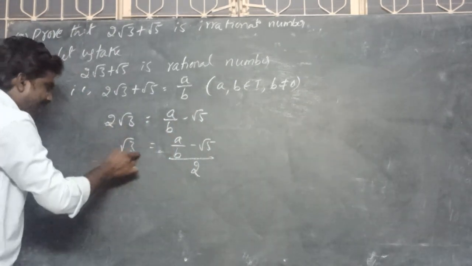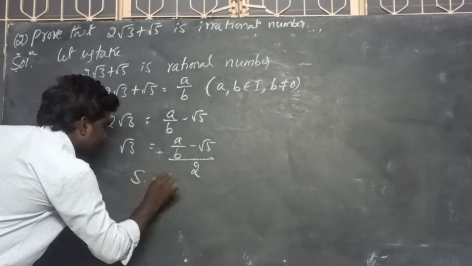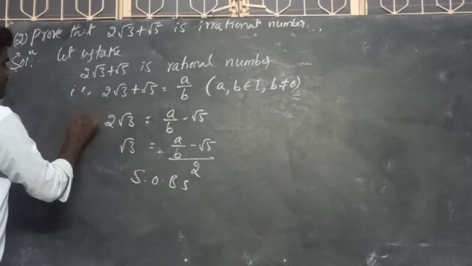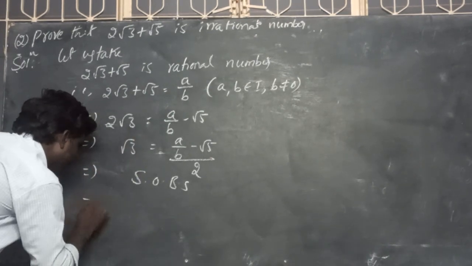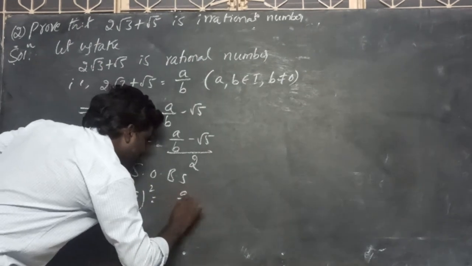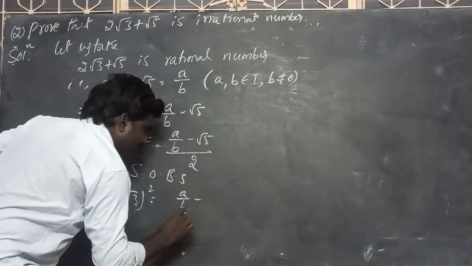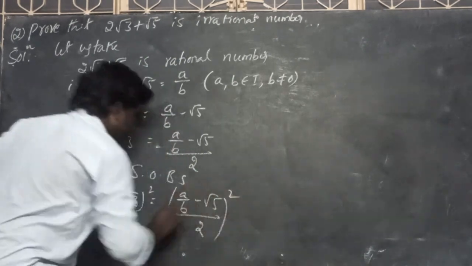So we can cancel the square root. How? Square on both sides. That is, root 3 whole square is equal to a by b minus root 5 by 2 whole square.